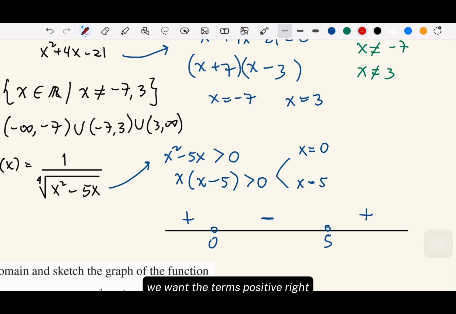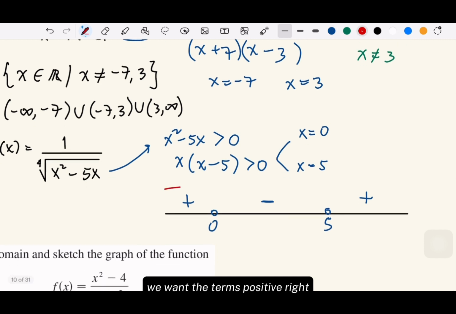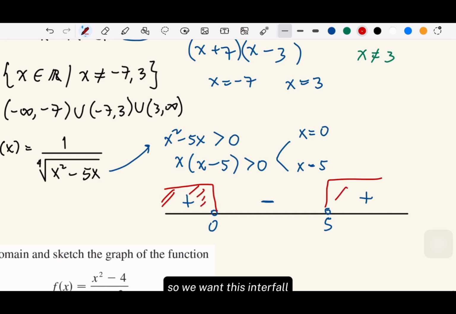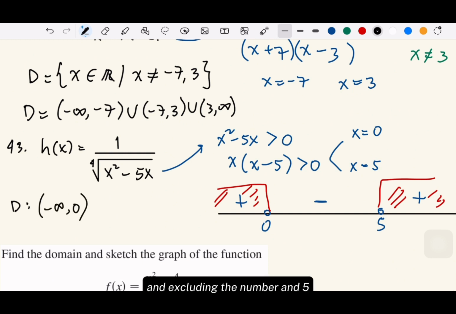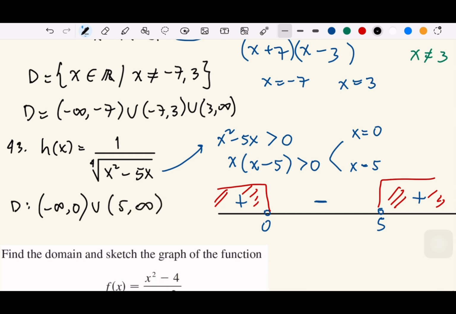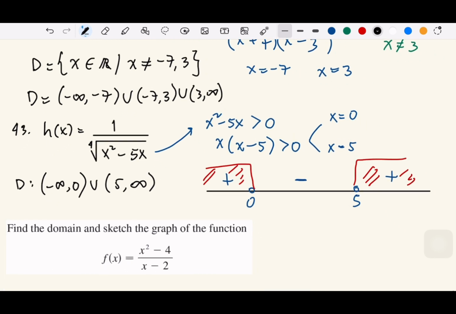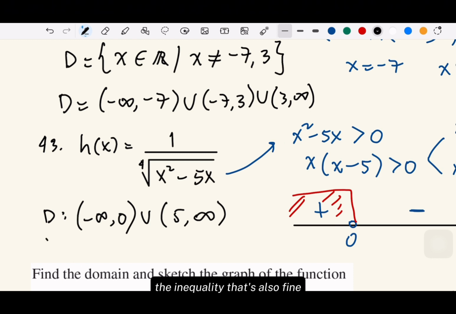We want the terms positive, right? So we want this interval. So we can say the domain will be the real numbers excluding the interval from 0 to 5. Or if you want to write using inequality, that's also fine.